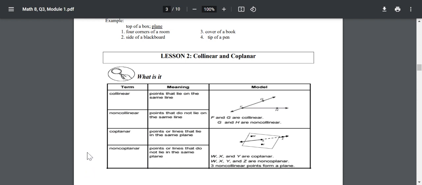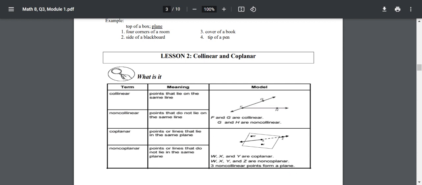So mga points nga naa na belong sa or naa na sud sa isa ka plane. And of course, its opposite, the non-coplanar, points or lines that do not lie on the same plane. So points or lines na dili nimo makita sa the same plane.